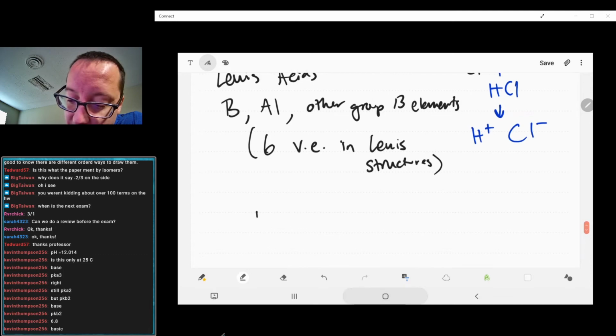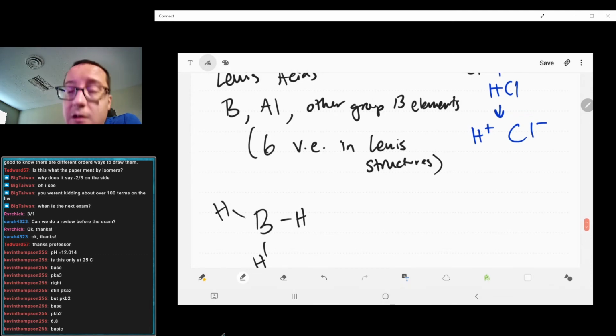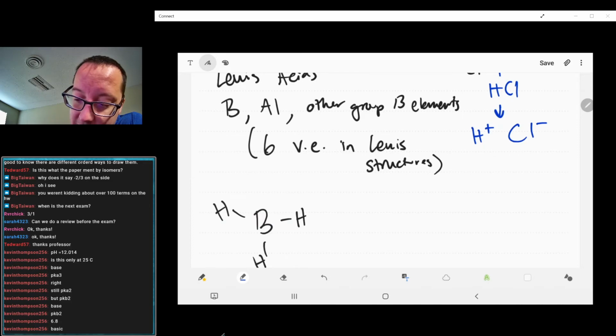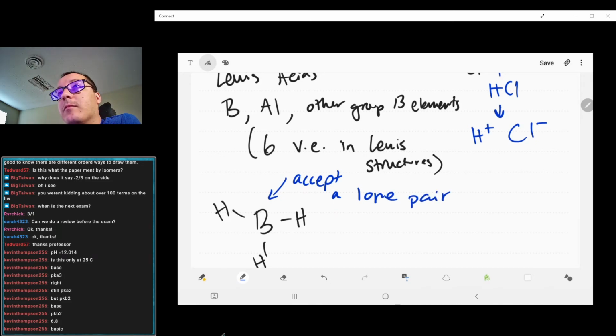Right? If we saw boron trihydride, it looks like that, right? We have an empty spot here that can accept a lone pair. It can accept a lone pair.